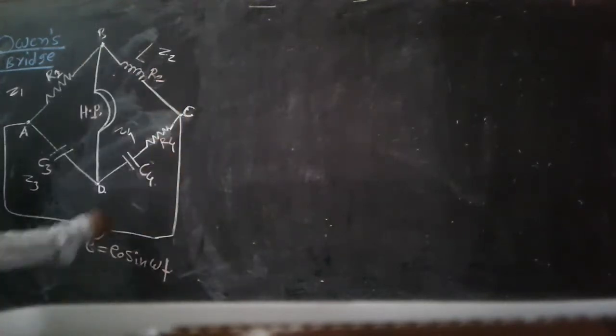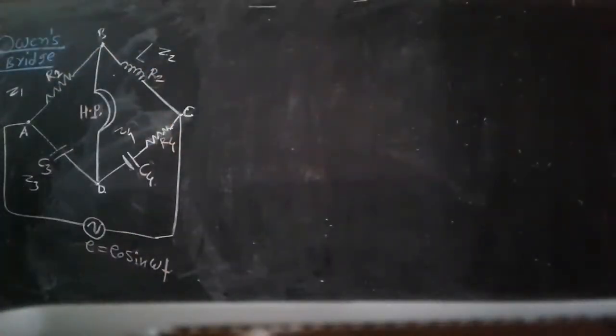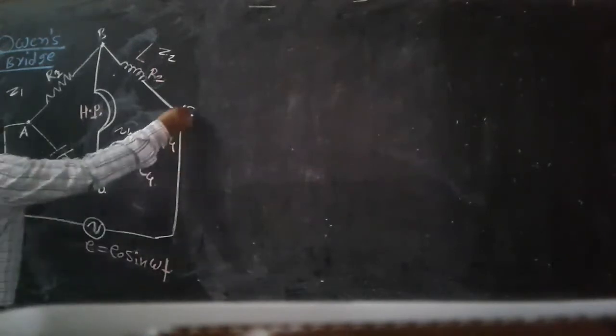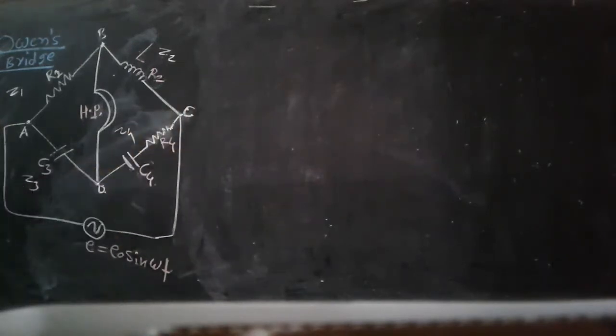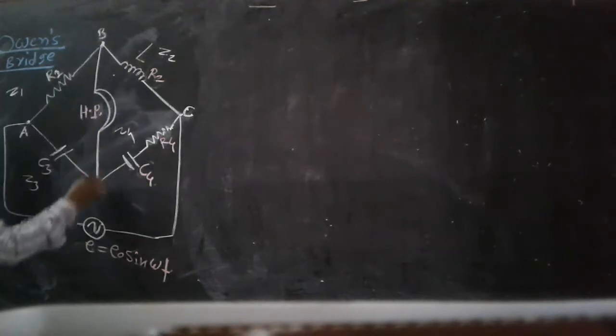Then capacitor C4 and resistance R4 are connected in series in the arm CD, and capacitor C3 is connected in the arm AD. Now between the points B and D, a head phone is connected.